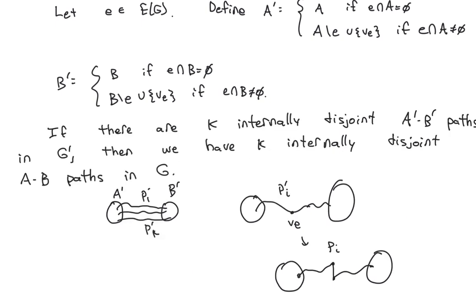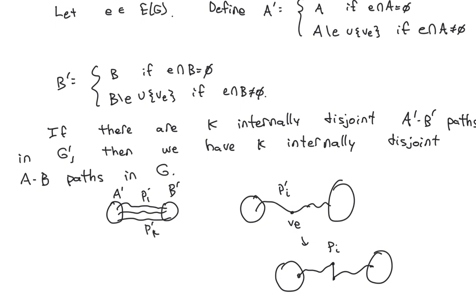All right, now for the next step, we consider the case that there are K internally disjoint paths between A prime and B prime in G prime. Then it turns out this means we have K internally disjoint paths between A and B in G. So given any one of these paths, if it avoids the contracted vertex, then it's actually a path in the original graph as well. So your only concern is if a path goes through the contracted vertex.